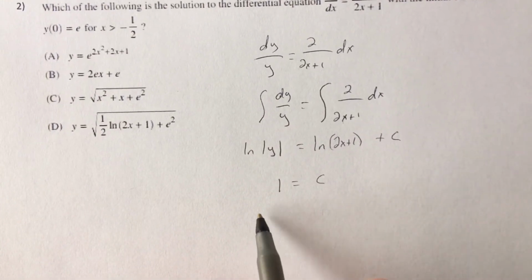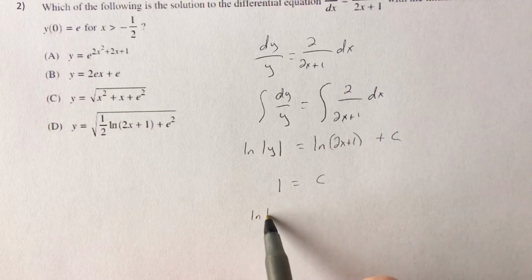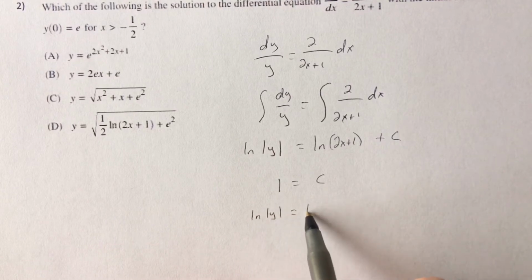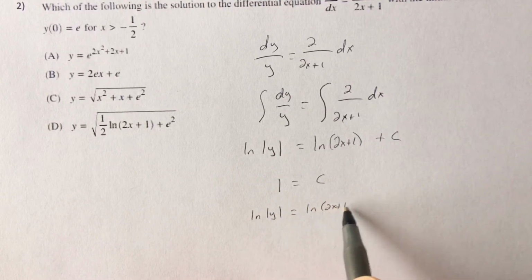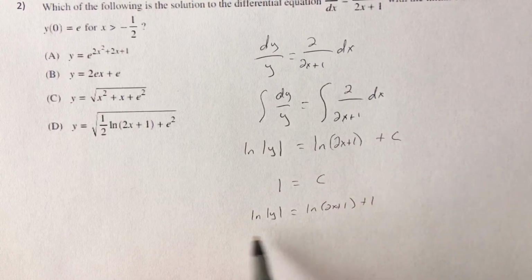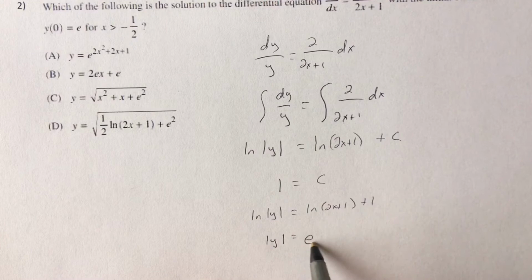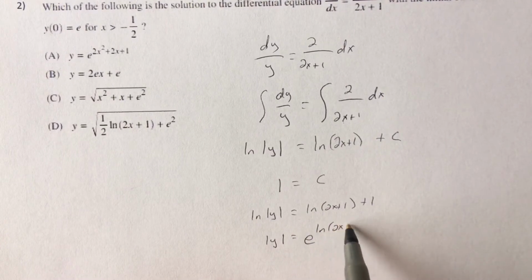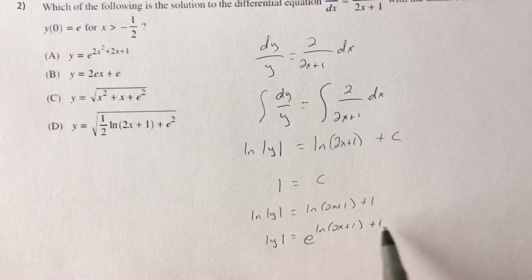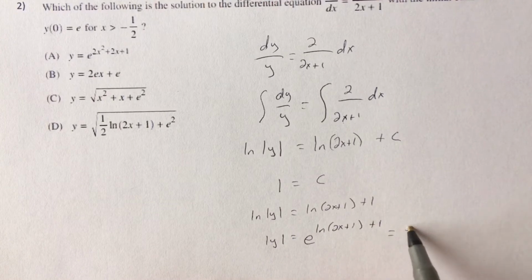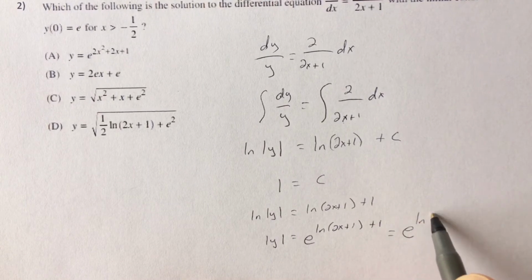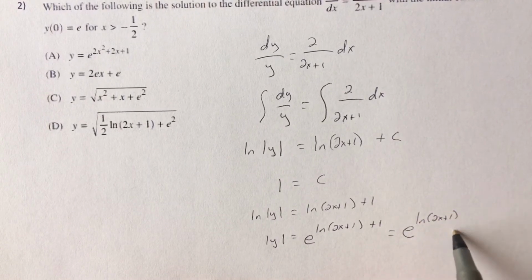Okay, so now kind of finishing it off, natural log of y equals natural log of 2x plus 1 plus 1. I'm going to raise it to the power of e. So that gives me e to the natural log of 2x plus 1 plus 1, which we're going to split into e to the natural log of 2x plus 1 times e to the first.